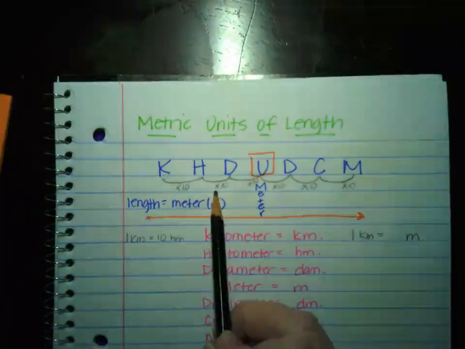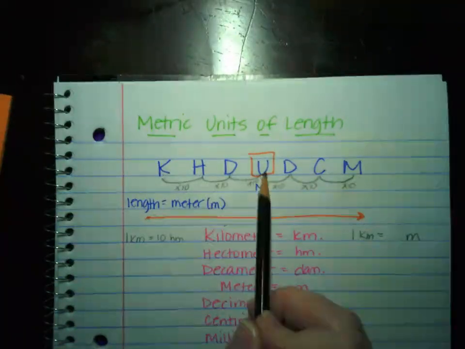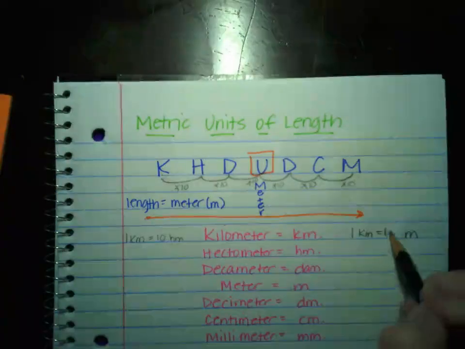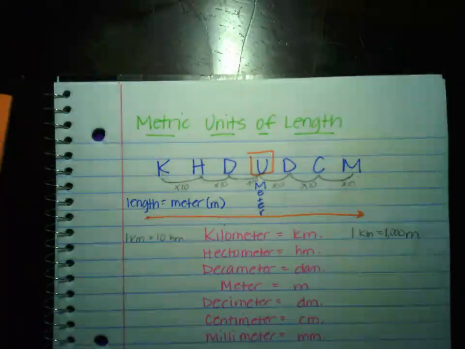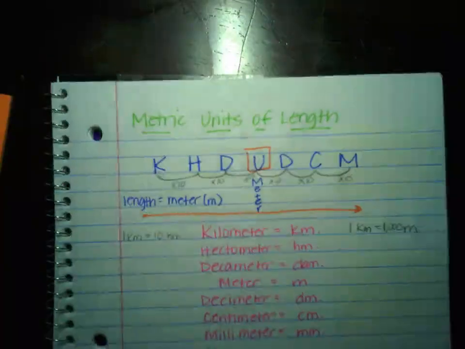Do you see that? 10 times 10 is 100, and 100 times 10 is 1,000. So that's equivalent to 1,000 meters.